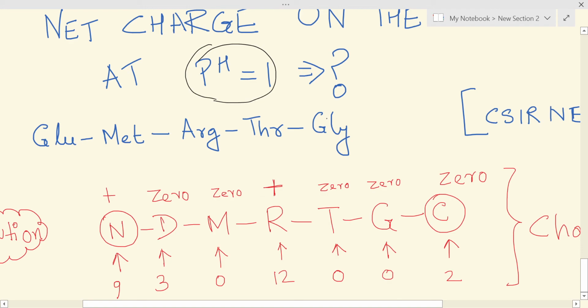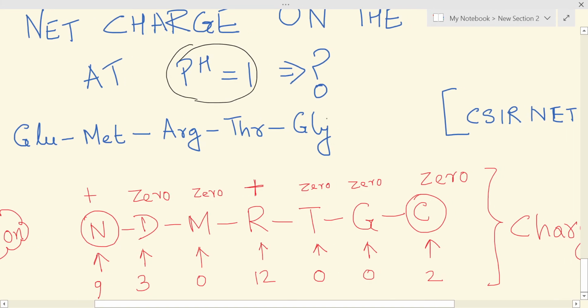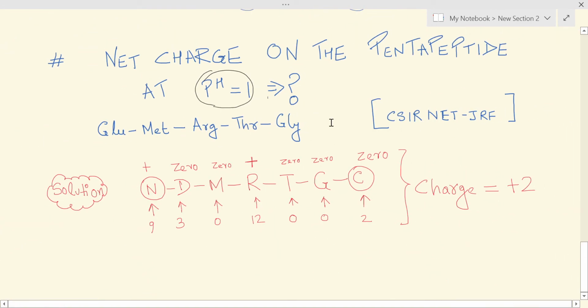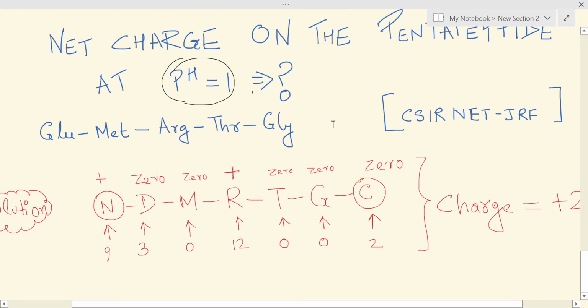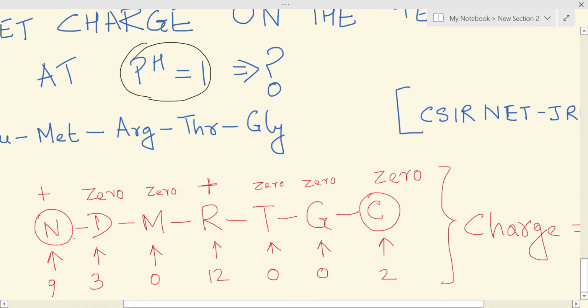So before solving the problem, a few steps are very crucial. First, you need to write the N terminal and the C terminal. This is the N terminal and this is the C terminal.